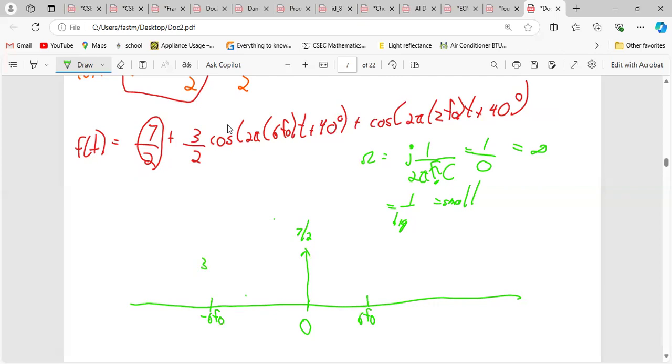That makes sense, because 1.5 divided by 2. Then the other one is at 2 f naught at a magnitude of 1. So that'll be right here. If it's 1, you have to half it, so it'll be 0.5.